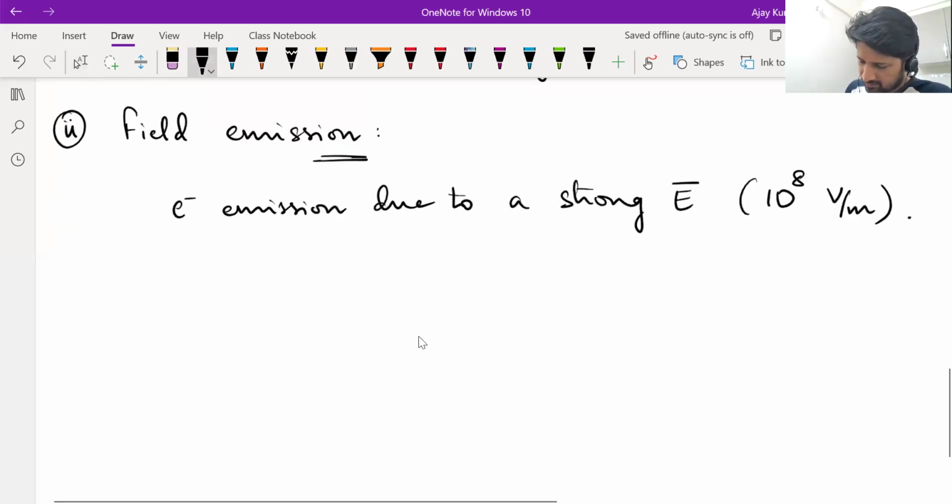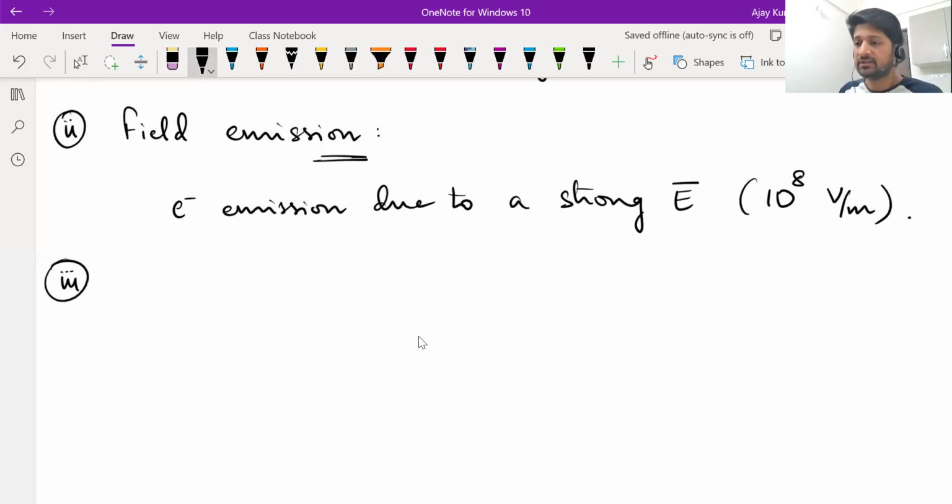Next, the third method in which you can get an electron out is by supplying energy to the electrons through radiation. Radiation, you can call it light also if you want. So light energy has to be supplied to the electrons and they can absorb that energy and escape from the metal surface. That is called photoelectric emission.